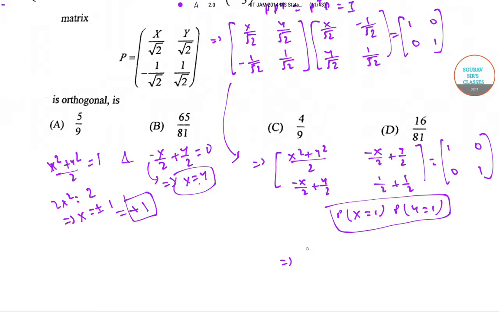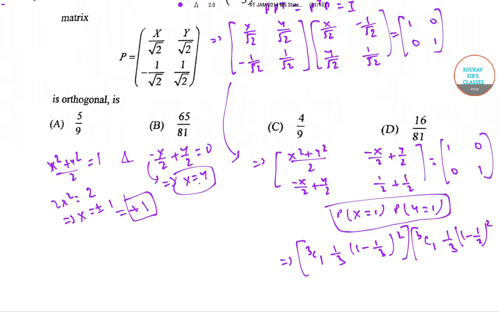So 3C1 into 1/3 into (1 minus 1/3) squared, into 3C1 into 1/3 into (1 minus 1/3) squared.